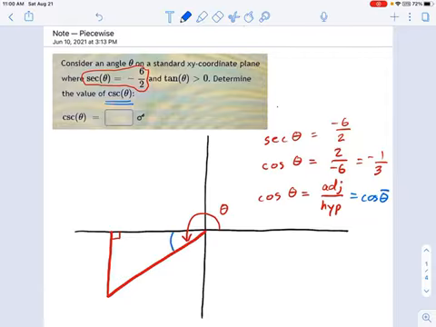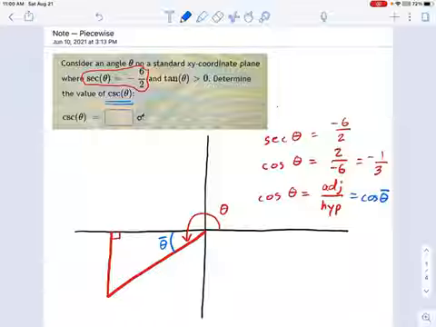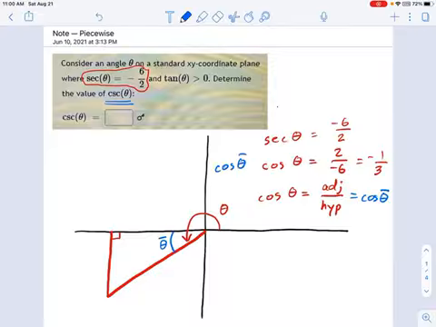That's the angle between the terminal side of theta and the x-axis, the shortest distance. So there's my reference angle. I'm going to use the cosine of that reference angle instead of the cosine of the angle theta. So the cosine of theta equals 2/-6. Well, adjacent is 2, and hypotenuse, there we go, -6.